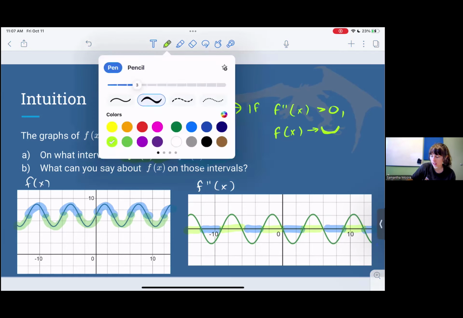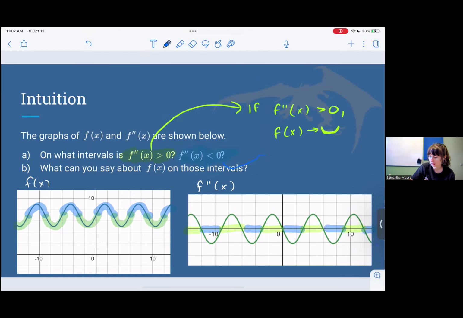And whenever f double prime of x is negative, those seem to be the places where f of x looks more like it's opening downwards.